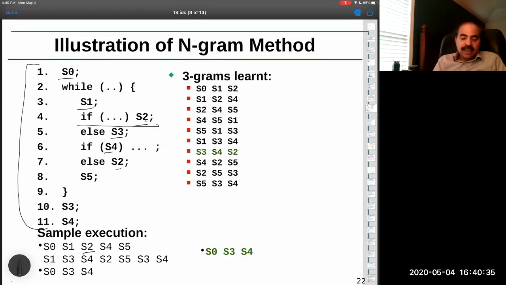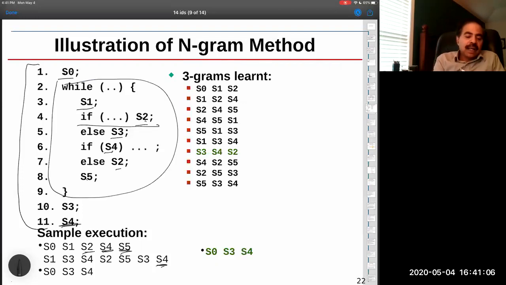After S2, you end up going to S4, and then you may go to S5. After S5, you may go back to the beginning of the loop and execute S1, S3, and so on, all the way until you exit from the bottom of this code sample after executing S4. A different execution sequence may never execute this loop at all, and so it may go through S0 and just jump past the end of the loop, and so you will get S0, S3, S4.